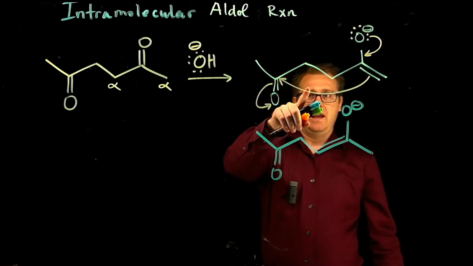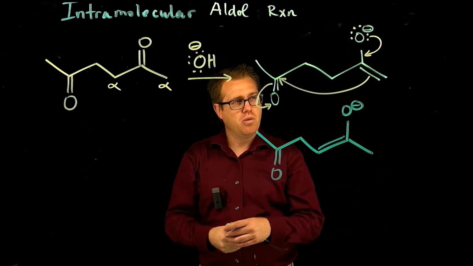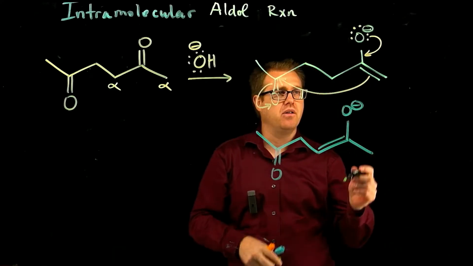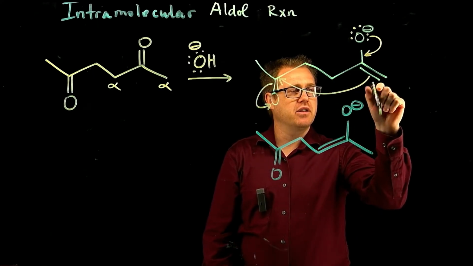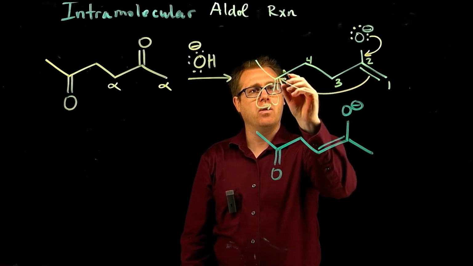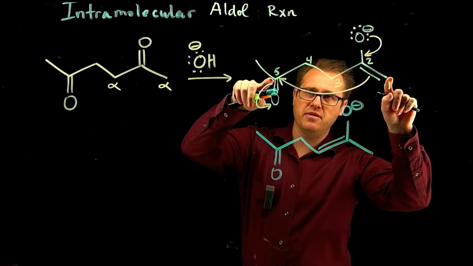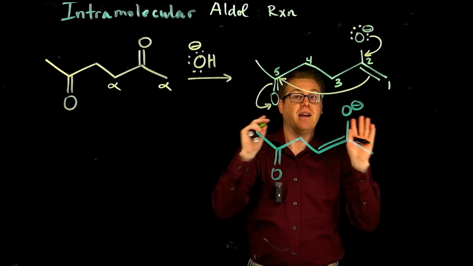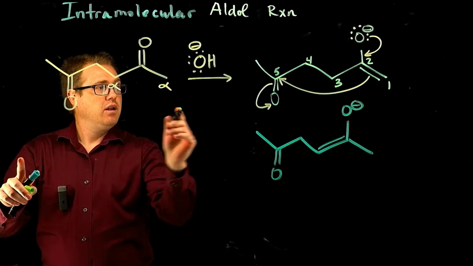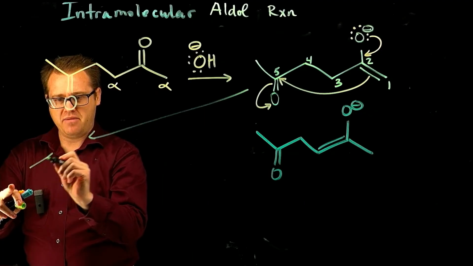So what would the intermediate of this be? Well, the way I do it is I just count the carbons that are involved. There's our alpha carbon, so 1, 2, 3, 4, 5. The alpha carbon is attacking carbon 5, so that gives us a 5-membered ring. So if I draw this over here, I would just draw a 5-membered ring.